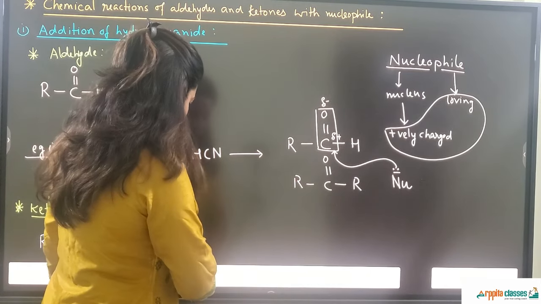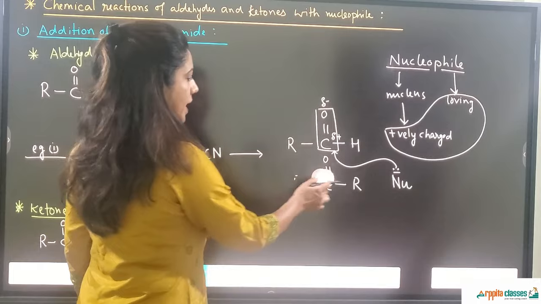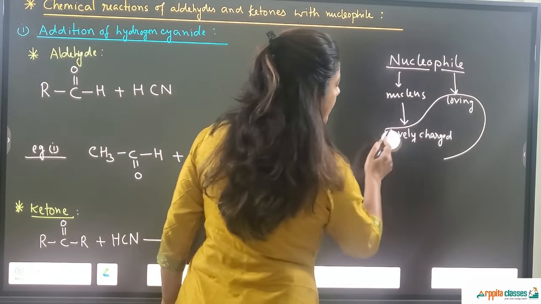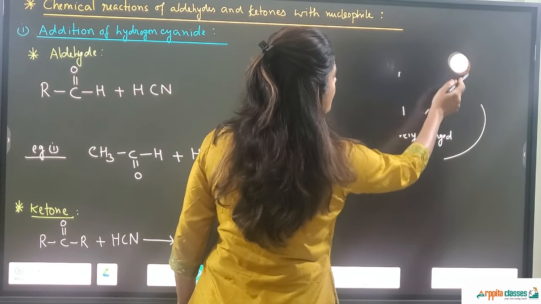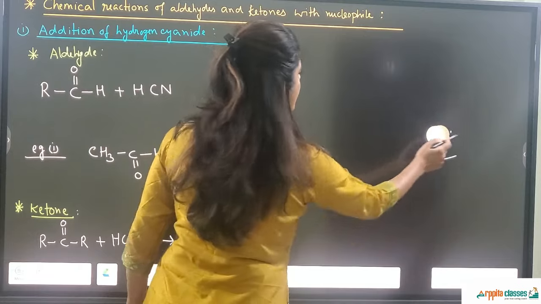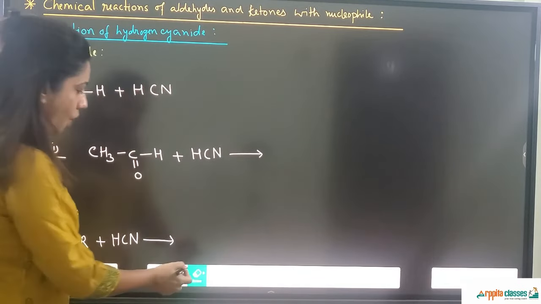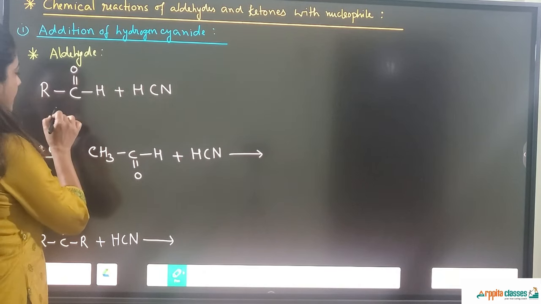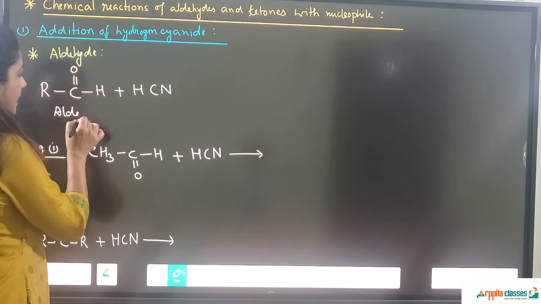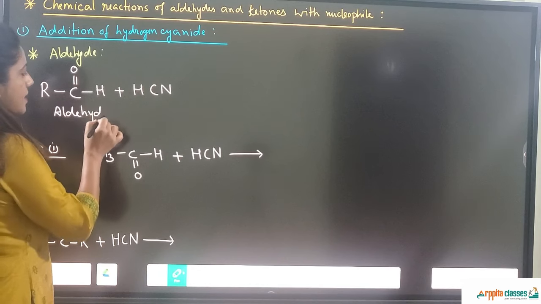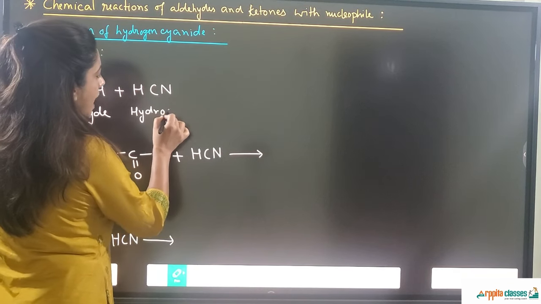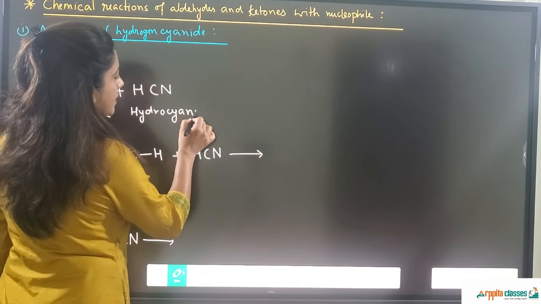Now we are going to talk about nucleophilic addition reactions. There are many in this chapter. The first one we are talking about is the addition of HCN. This is my aldehyde, and this is HCN, hydrocyanic acid.